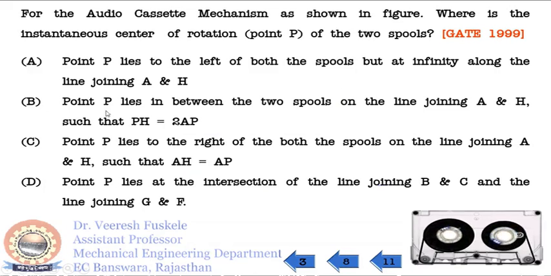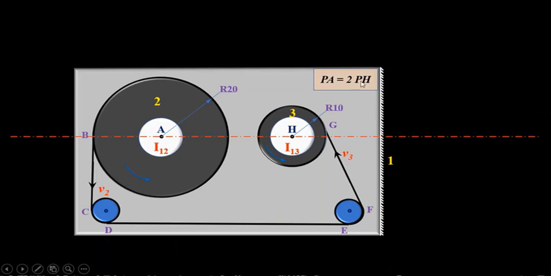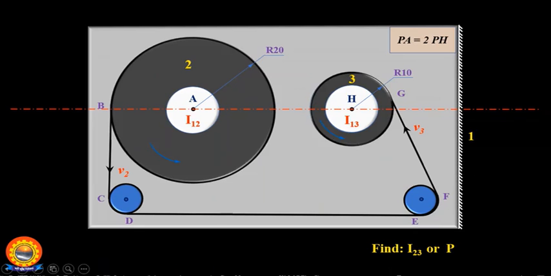Now these are the two options remaining, option B and option C. Option B says point P lies in between the two spools such that PH is equal to 2PA or 2AP, but we are getting PA is equal to 2pH. So this is still not the right answer.